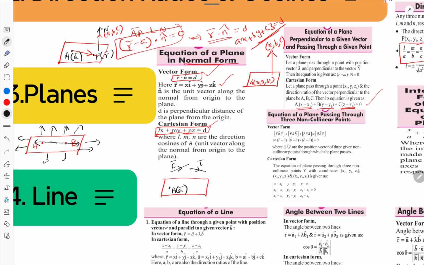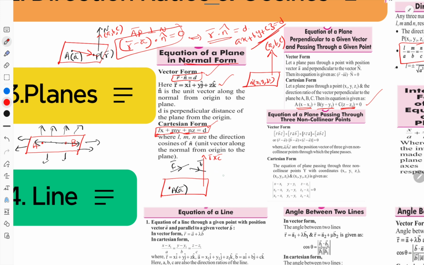Now we want the equation of the plane. We need two things: a point and the normal. What would be the normal direction, perpendicular to both b and c? It is b bar cross c bar. So the normal direction is b cross c and the point on the plane is a bar.